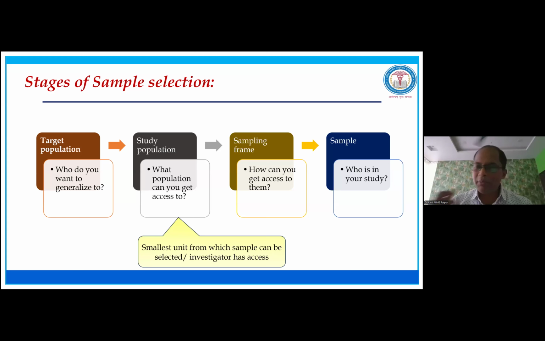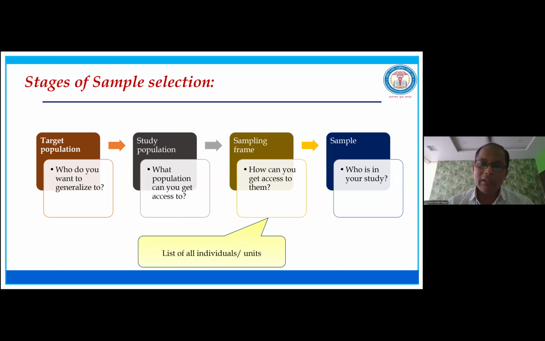Now, sometimes it is not possible even to list all the participants or individuals or the people who are in the study population, but based on our study setting, we can prepare a list of the possible participants for our study. That is known as the sampling frame.